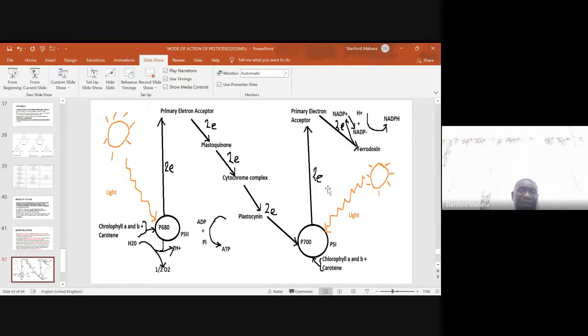So this is what we wanted to explain. It's either the atrazine is here or it's there, and it blocks this whole system.